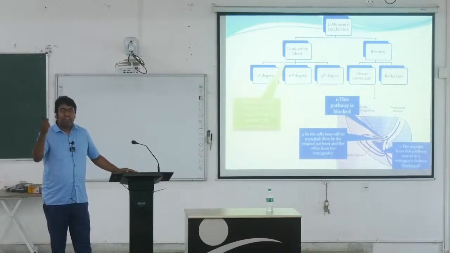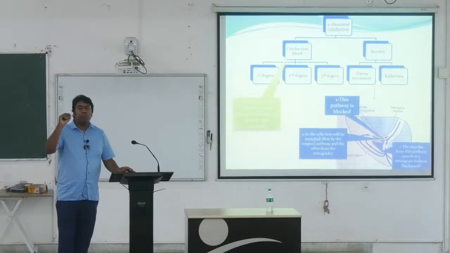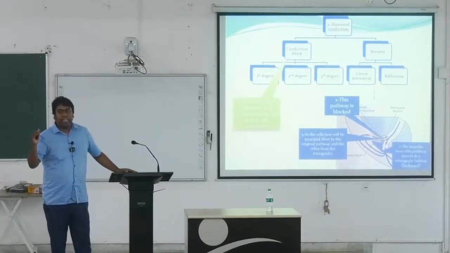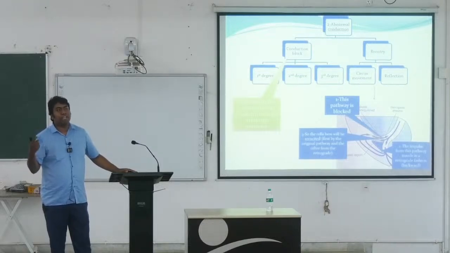Why? If the impulse generated from the atrium or SA node is 200 times in a minute, a first degree or second degree block reduces the number of impulses conducted to the ventricle, and that helps the patient survive. Clear?